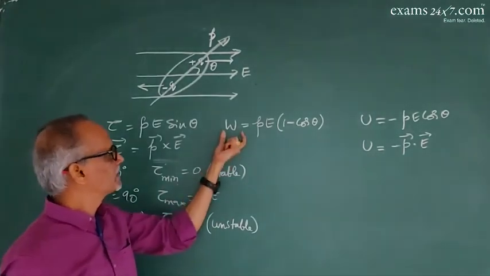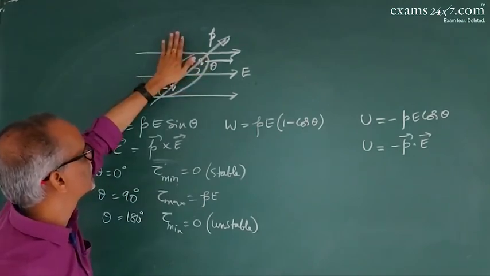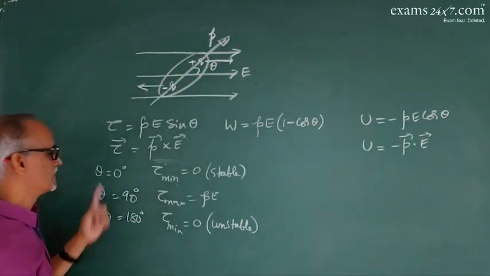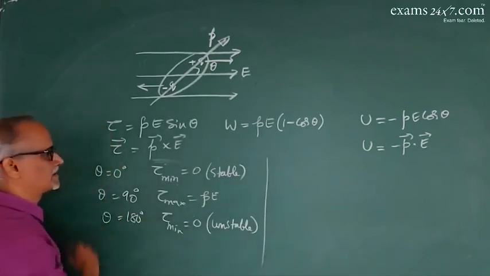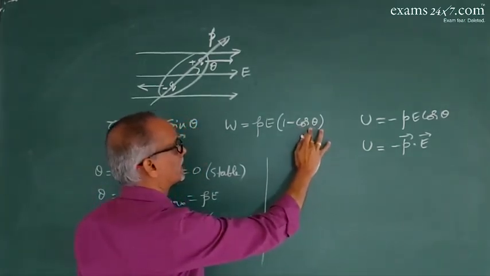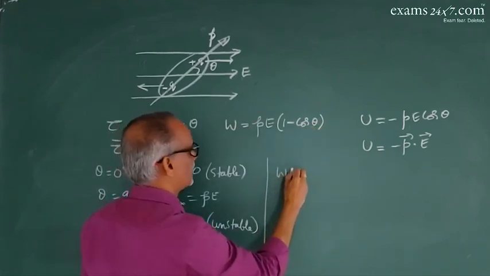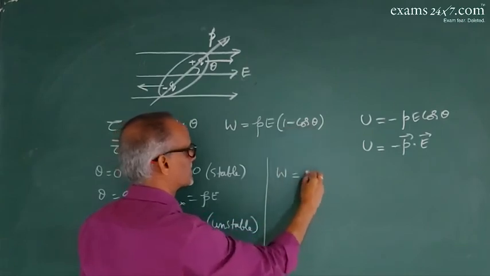So what is the work done in rotating the dipole from the stable equilibrium position to a certain position? When θ is 0, cos 0 is 1, so W = PE(1 - 1) = 0.